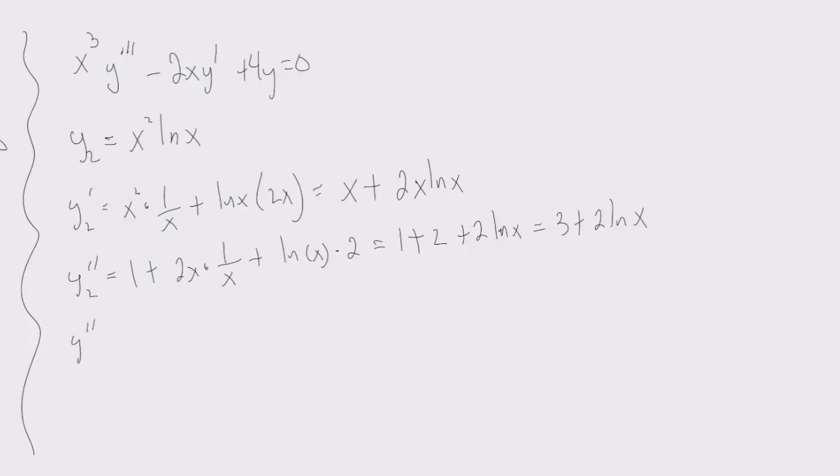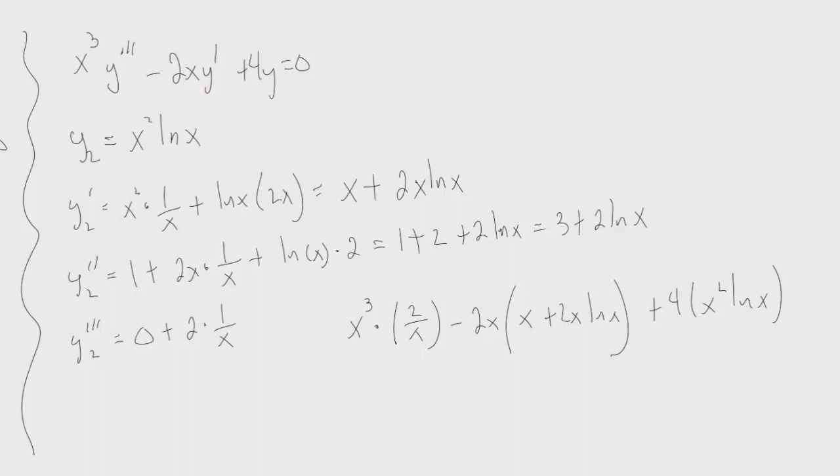And let's get the triple. That's going to be 0 plus 2 times 1 over x. Okay, so let's evaluate that. x cubed times 2 over x, minus 2x times y prime, which was x plus 2x ln of x, plus 4y, and y was x squared ln of x.